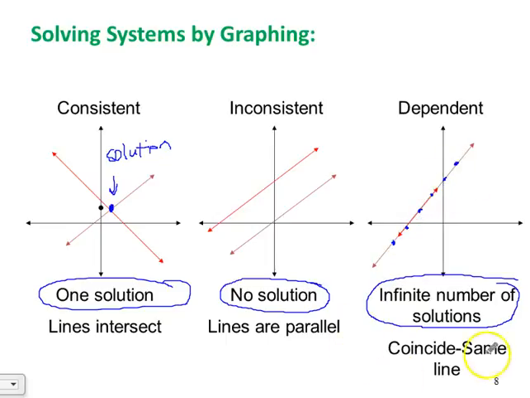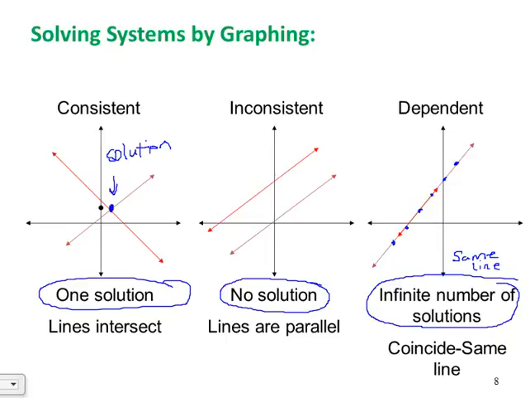Again, this only happens when we have 2 equations that are the same, and thus we have the same line. So those are our 3 outcomes: either one solution, no solution, or an infinite number of solutions when we have the same graph overlapping.